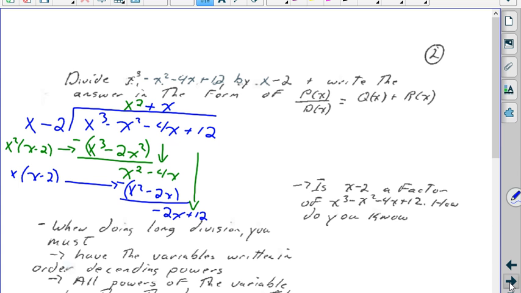Okay, so I'm going to write over some stuff here, but now we're at the point, what times x will give you negative 2x? That's negative 2.